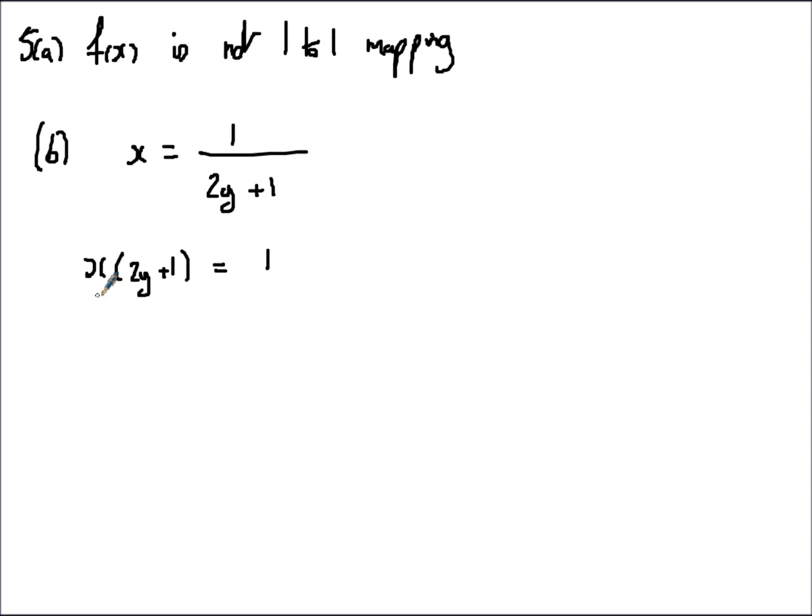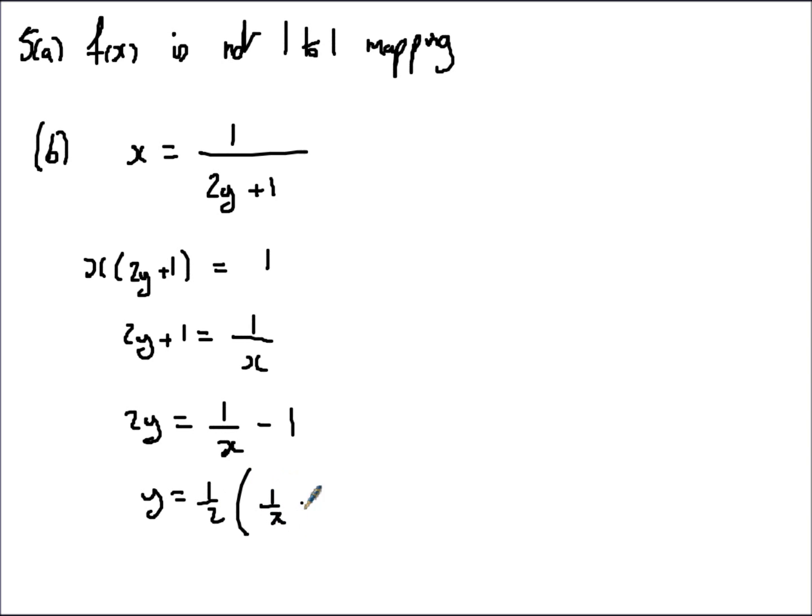Instead I'm going to divide by x, so I then get 2y plus 1 equals 1 over x, and then take the 1 over, and then we're dividing through by 2. And that implies then that g to the minus 1 of x is equal to a half of 1 over x minus 1.